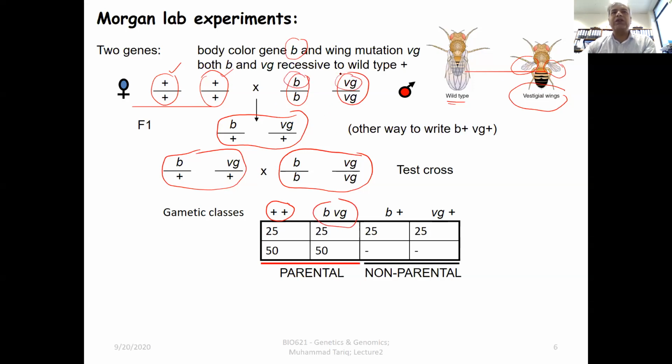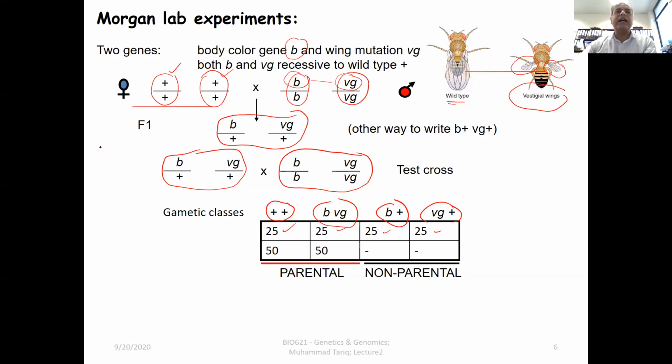Remember, parentals are always the original parents, not F1. And then non-parentals were b plus and vestigial plus, which was neither in this parent nor in that parent, which is due to independent assortment. So if they reside on independent chromosomes, this is what we expect, 25% each.